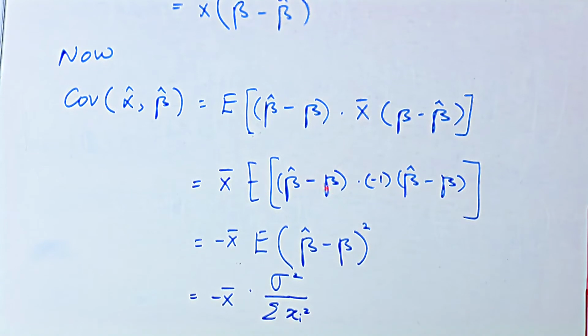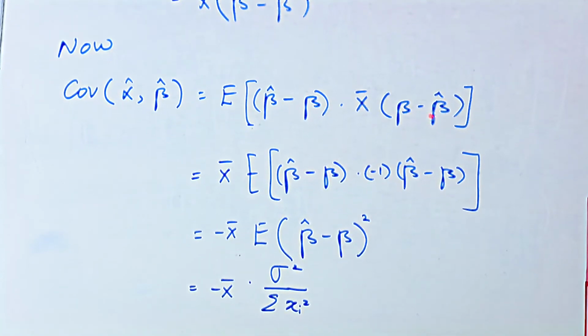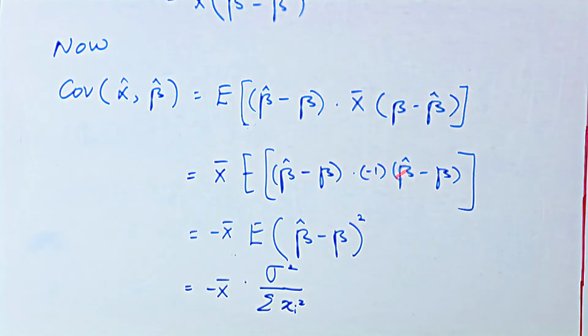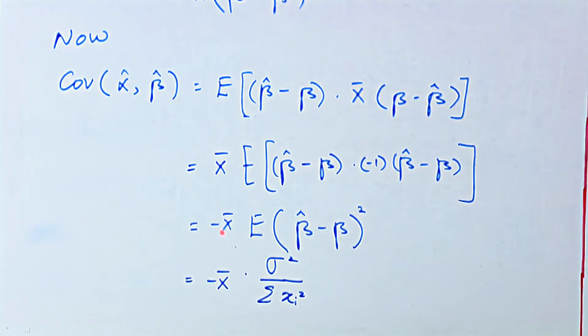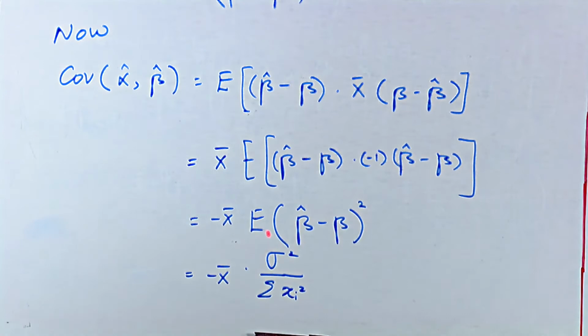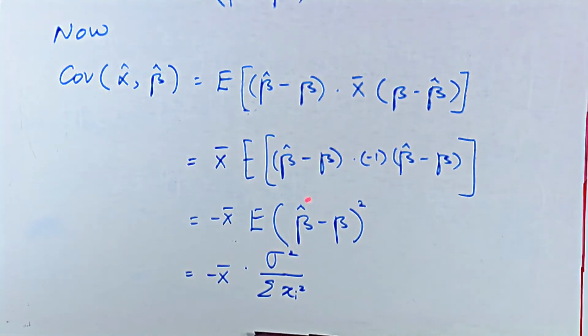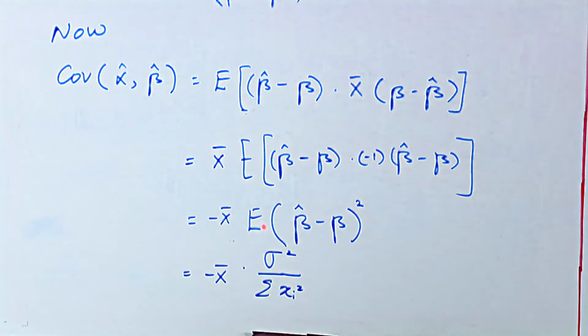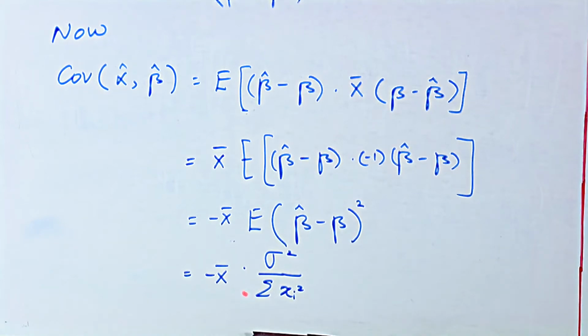So we get beta hat minus beta into, taking minus from this expression, beta minus beta hat. If you take minus outside, this expression becomes minus x bar expectation of beta hat minus beta whole square. We already know this is nothing but the variance of beta hat. So covariance of alpha hat and beta hat is nothing but minus x bar into variance of beta hat, otherwise minus x bar into sigma square divided by sigma small xi square.